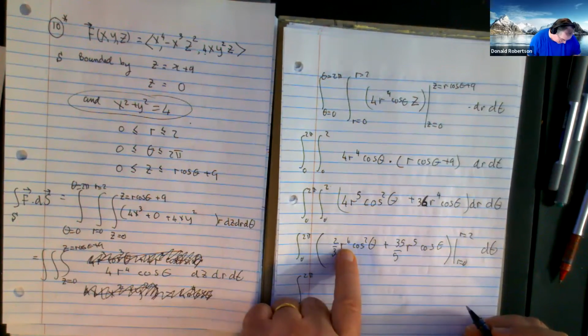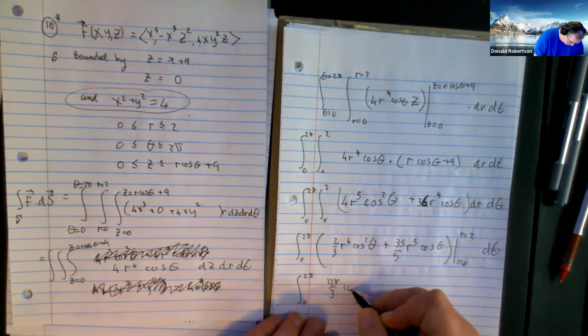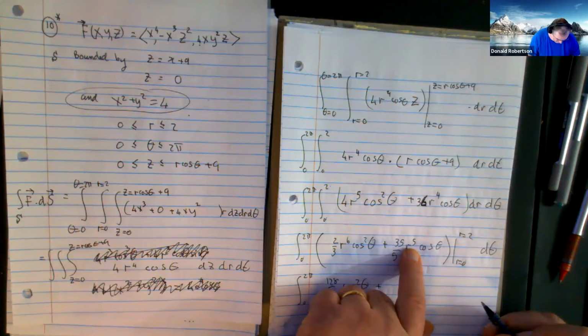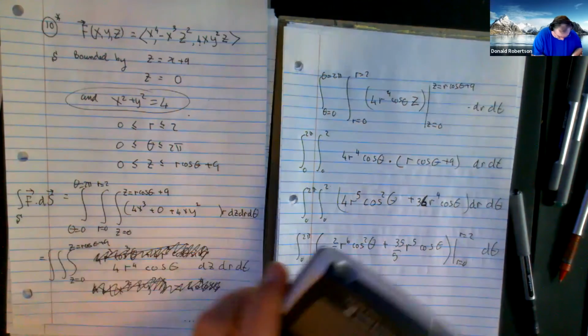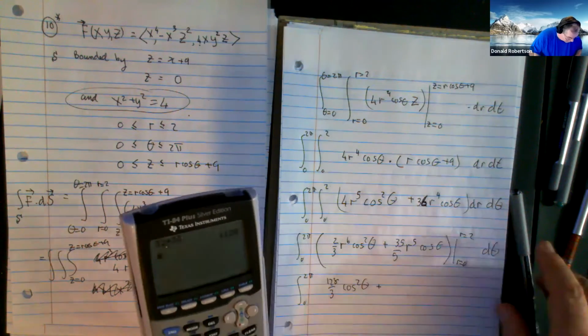2, 4, 8, 64, 128. 2, 4, 8, 16, 32. Nobody in their right mind's going to do 32 times 35. 1120.